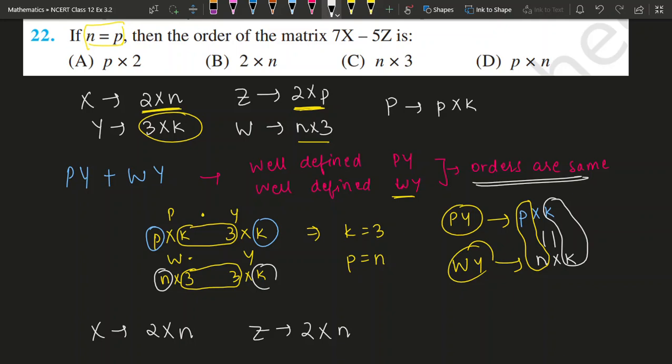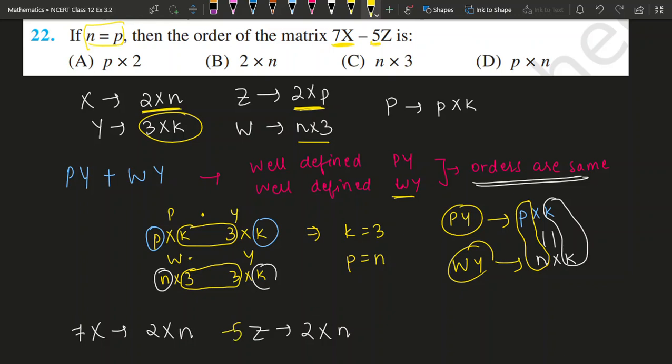So any operation, we talked about that. We talked about in the video on scalar multiplication that if you multiply all the elements by some number, so in the problem that you have, you're multiplying X by 7, and the matrix Z by the number -5.